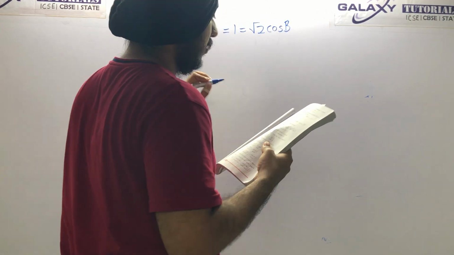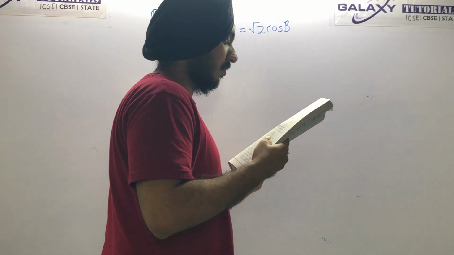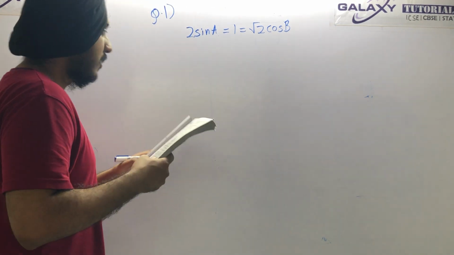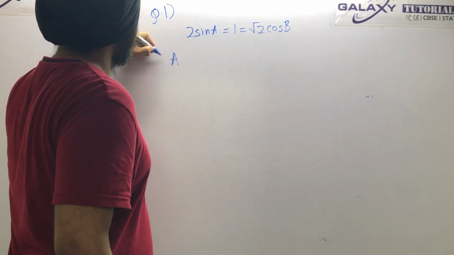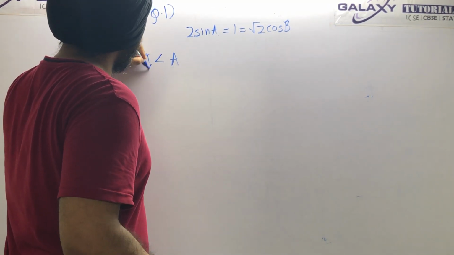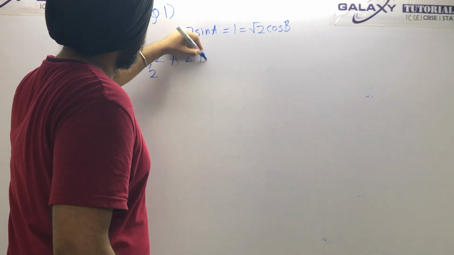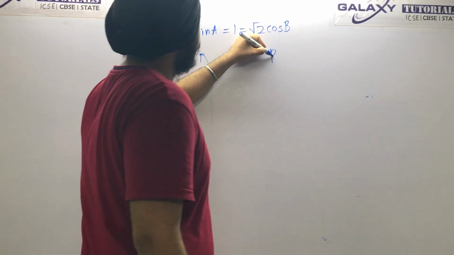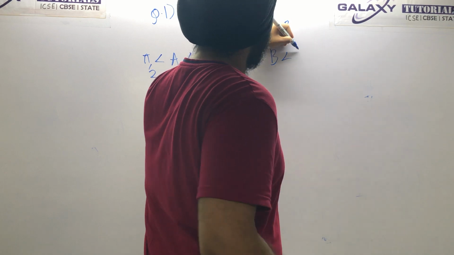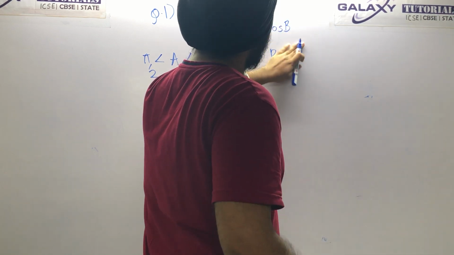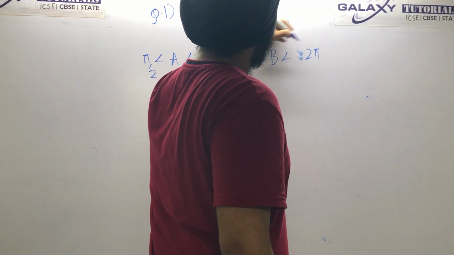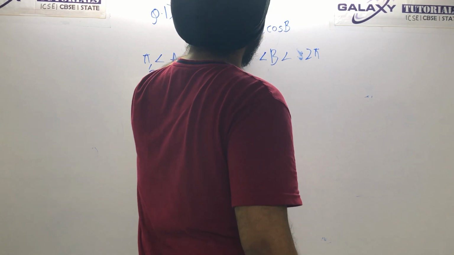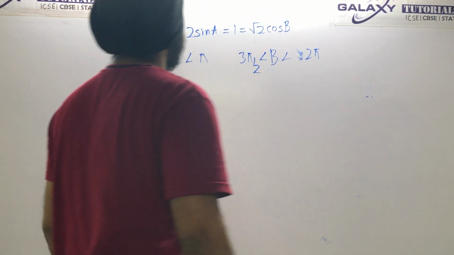They have given this. Okay, and they have given us here one thing, that a is between pi by 2 and pi, b is between 3 pi by 2 and 2 pi. What is the meaning of this?